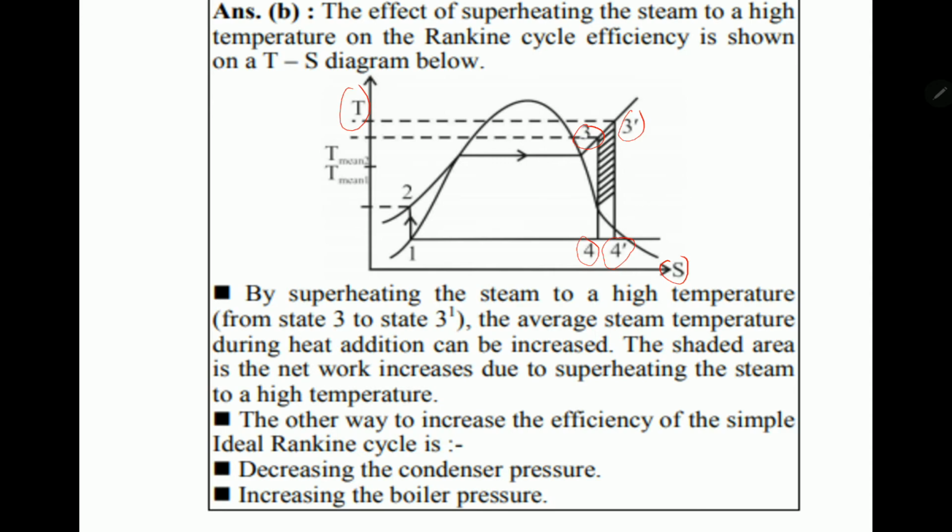So over here, by superheating the steam to a high temperature from state 3 to state 3', the average steam temperature during heat addition can be increased. In this, the shaded area is the net work increase due to superheating. We are talking about this shaded area.